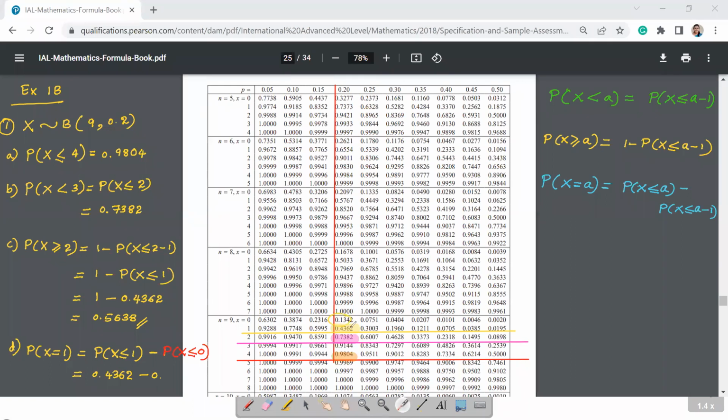That's the top one, right? 0.1342. How much is the answer? 0.4362 minus 0.1342. What do we get for the answer here? 0.3020. So that's the answer.